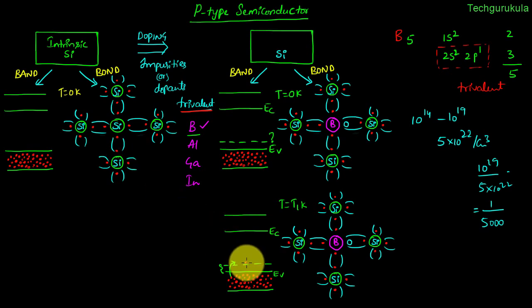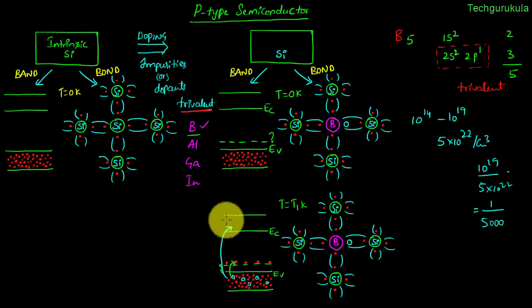As a result, there will be vacant states created in the valence band, which means we have holes created in the valence band, but there are no electrons as such in the conduction band. As we are having temperature, some of the electrons from the valence band might actually get enough energy to see themselves in the conduction band.